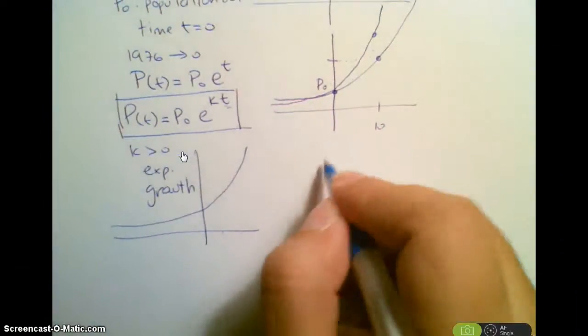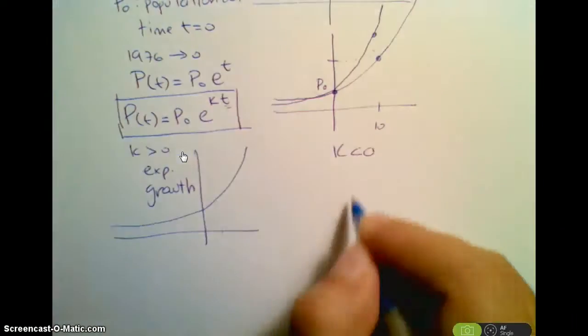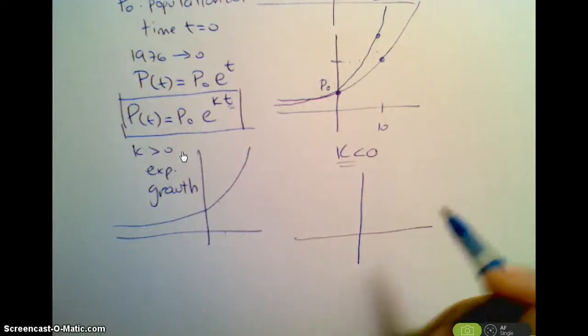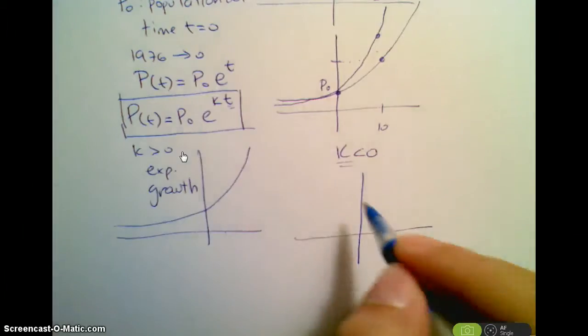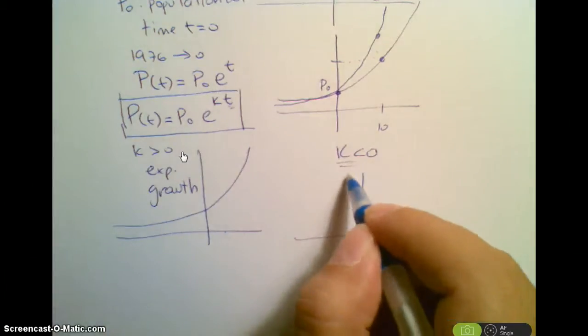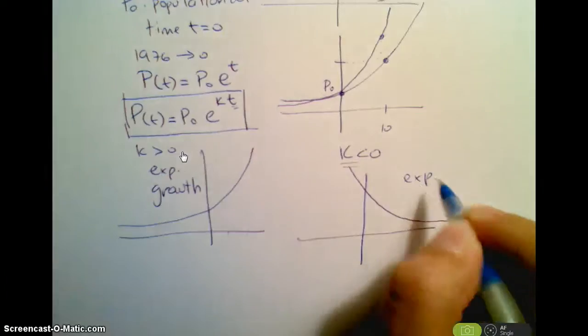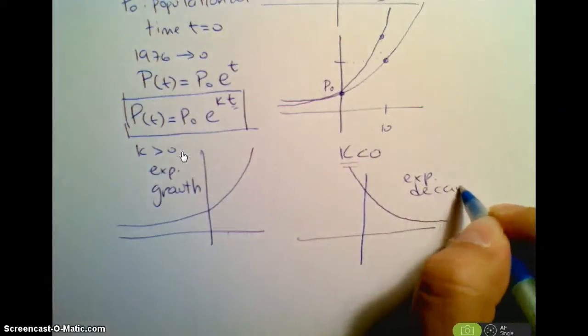Now let's say that that population got Ebola. Then definitely the rate at which this population is decreasing is going to be some number less than 0. So in that case, we're talking about exponential decay.